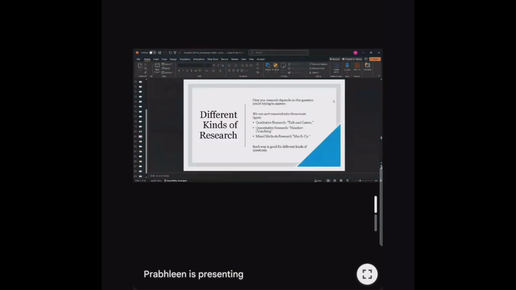So then what kind of research do we have? Basically, what kind of research you have or what kind of sources you use is based on what kind of question you want to answer.